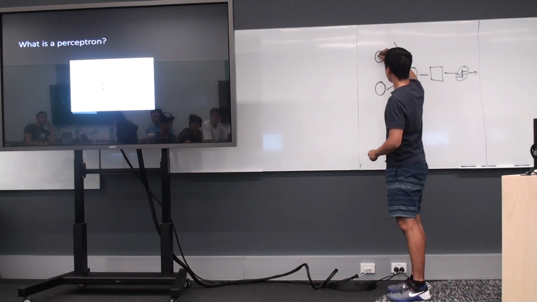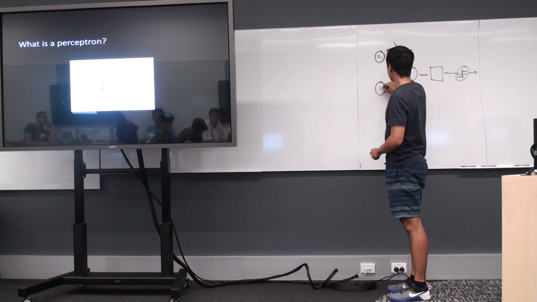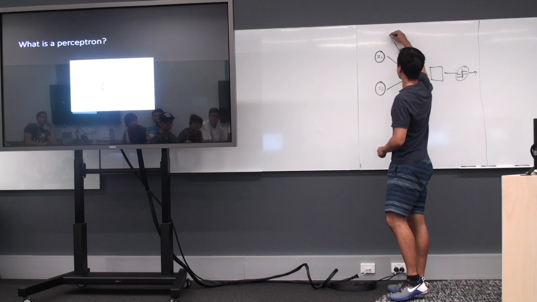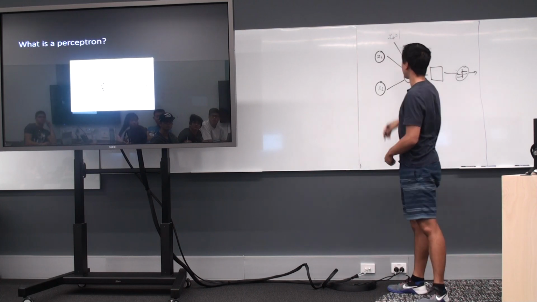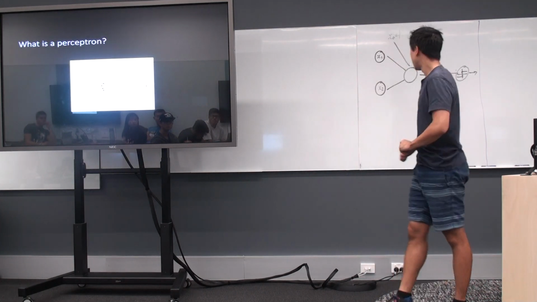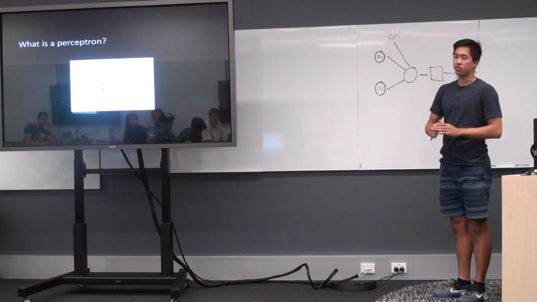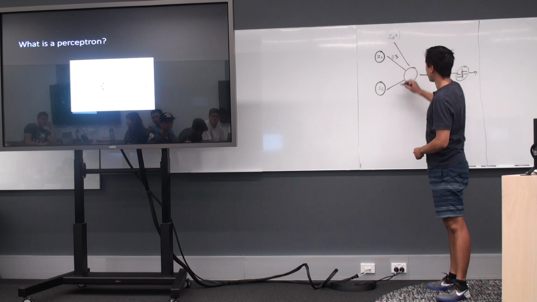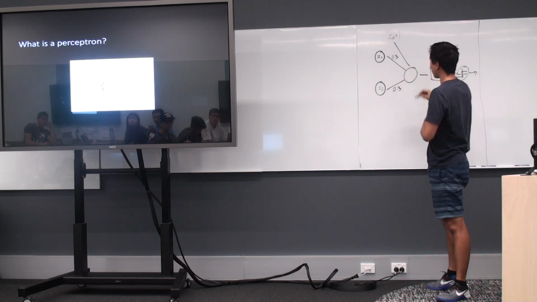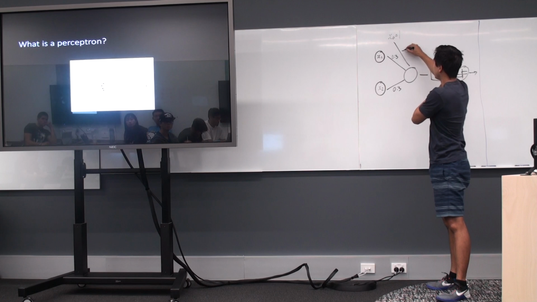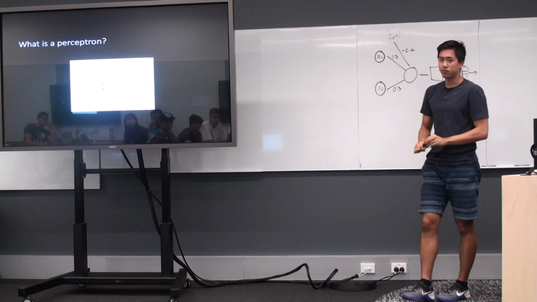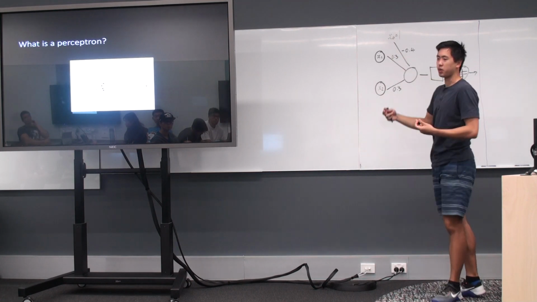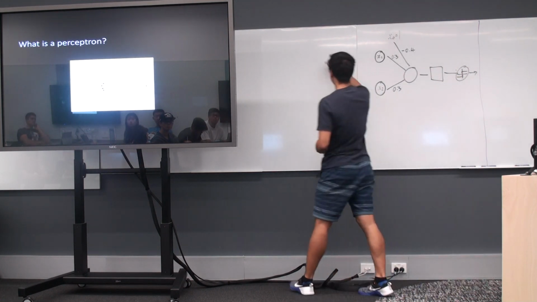Here we have a value for x1 and x2, and then we have x0, which is 1, that's called a bias. And let's just say, for example, that here we have a weight of 0.3, a weight of 0.3, and a bias of negative 0.4. And let's suppose that x1 and x2 have to be either 1s or 0s.